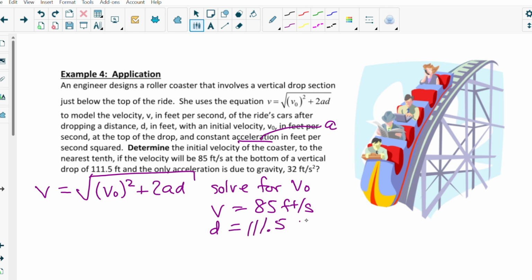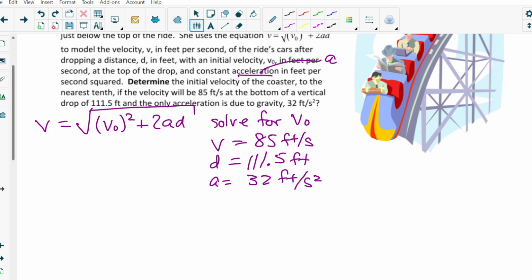D, vertical distance is 111.5 feet. Acceleration is 32 feet per second squared. So let's plug all that in and solve for V naught. So I have 85 equals the square root of V naught squared plus 2 times A, which is 32, times D, 111.5.